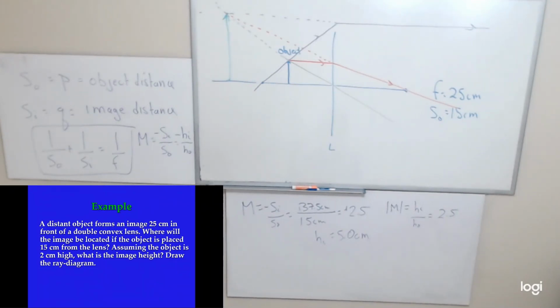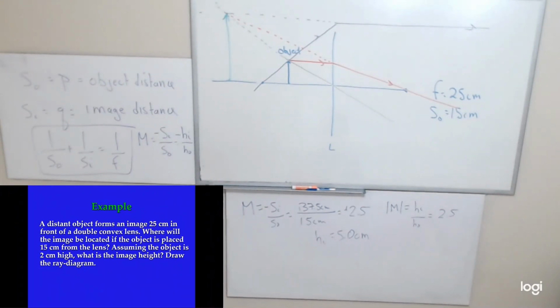If the object distance is greater than 2f for a double convex lens or a concave mirror, then the image will be real, inverted, but smaller than the object.